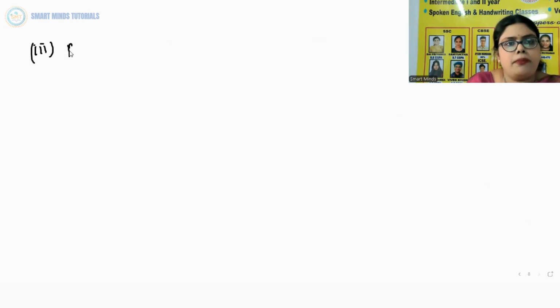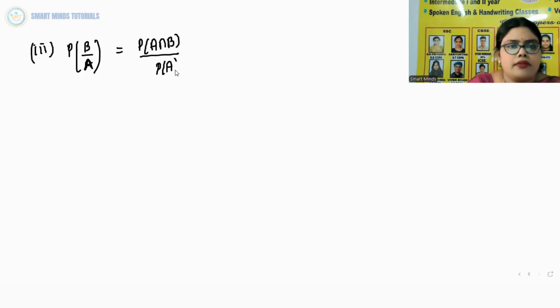Now the next, third bit, is P of B by A. What do you mean by B by A? Whenever you have one event by some other event, that means it is a conditional event. So P of B given A, which means we already know that A has occurred. Now we are checking for B. So the formula for P of B by A is P of A intersection B by P of A. Already we found P of A intersection B in the first bit.